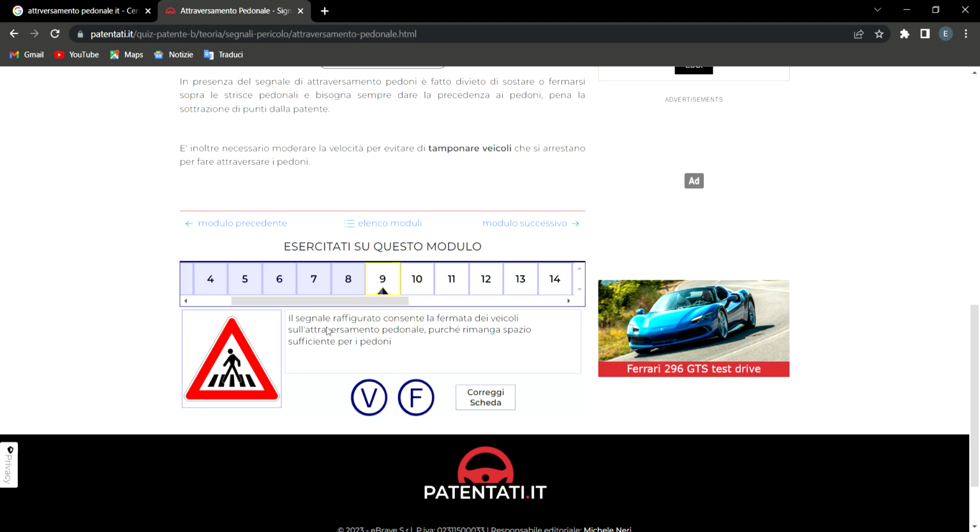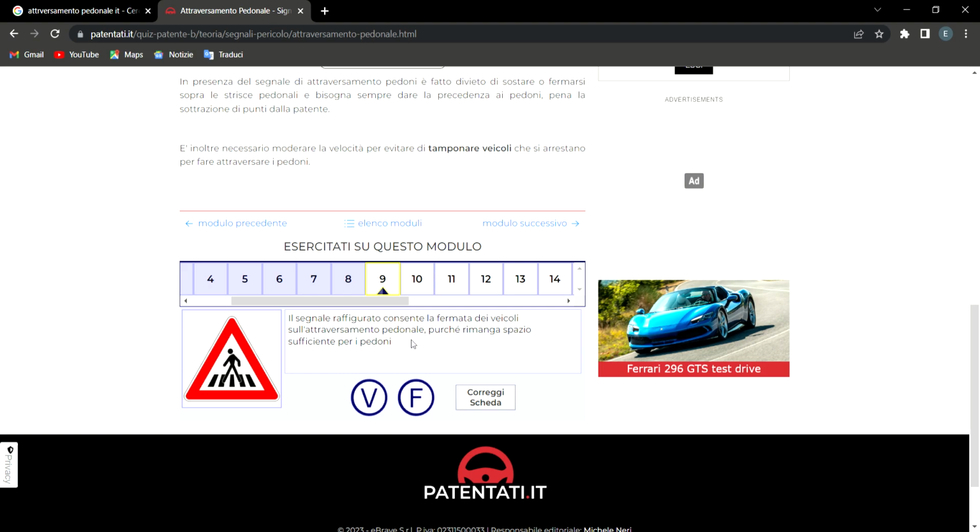Number 9 says: il segnale raffigurato consente la fermata dei veicoli su attraversamento pedonale perché rimanga spazio sufficiente per il pedone. It's simply saying that this sign permits the stopping of vehicles on top of this very line, because the road is very large, and it's false.